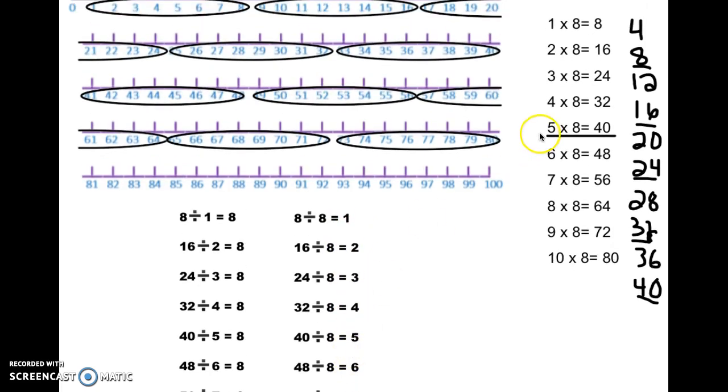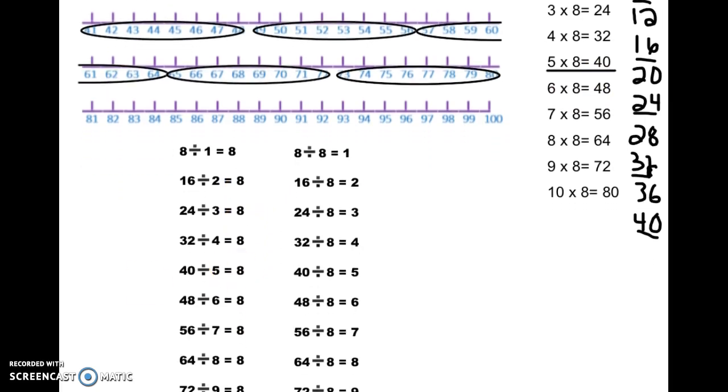Again, we talked about this before, but you can rearrange these numbers in different ways. I can say 8 divided by 1 equals 8, or 8 divided by 8 equals 1, right? All of those numbers are being used. Each time, they just change the order. So once you know the multiplication, you actually also know the division of some of those as well.